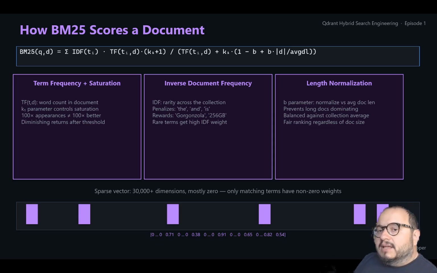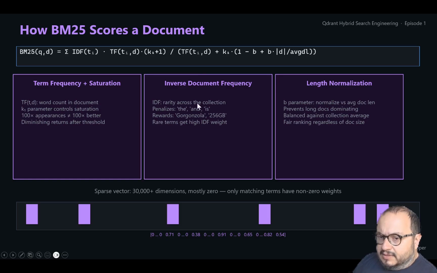In Qdrant, sparse vectors represent BM25 scores as high-dimensional vectors, typically 30,000 plus dimensions matching a vocabulary, but mostly zeros. Only the dimensions corresponding to the terms that actually appear in the document have non-zero values. That sparsity is what makes the computation fast even at 30,000 dimensions.